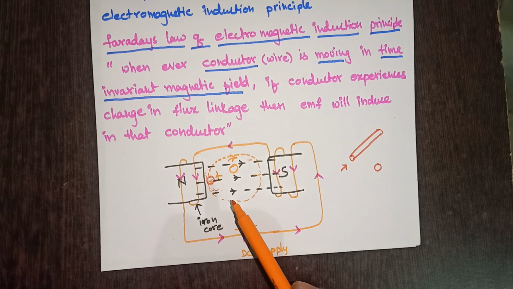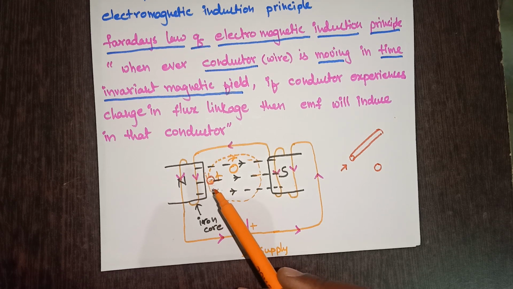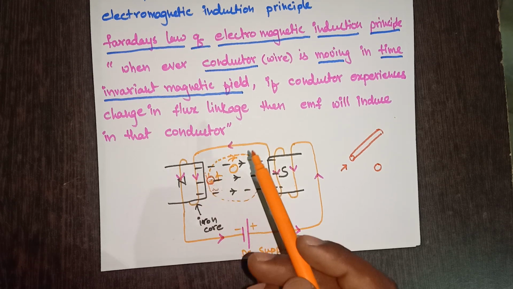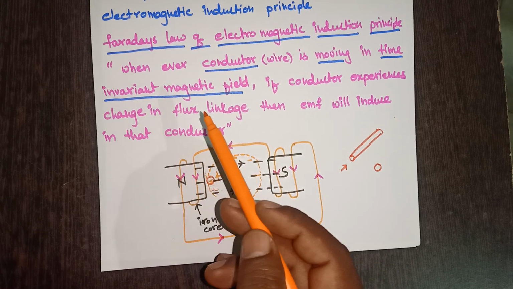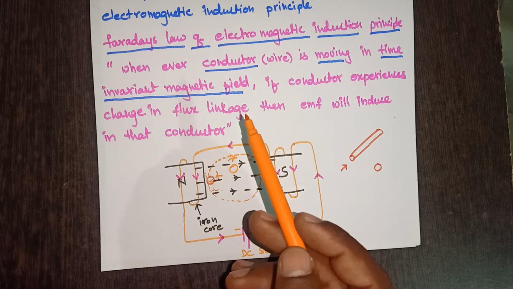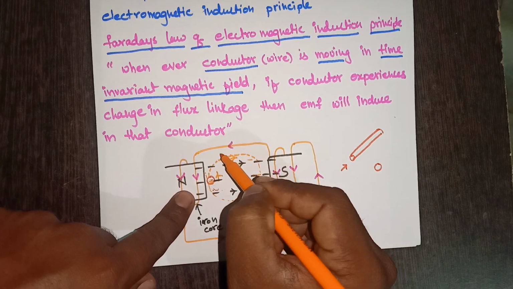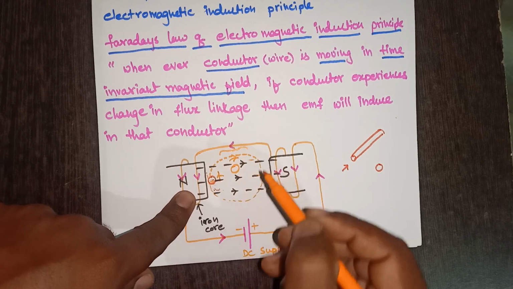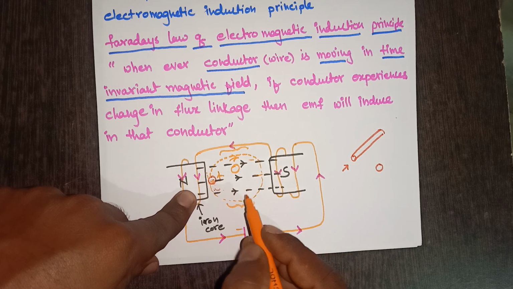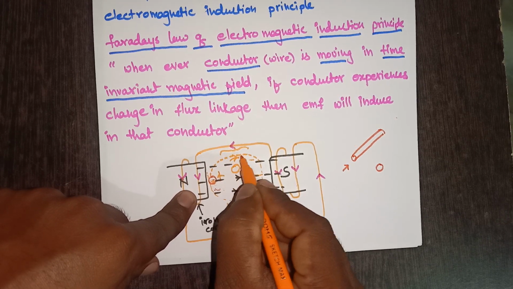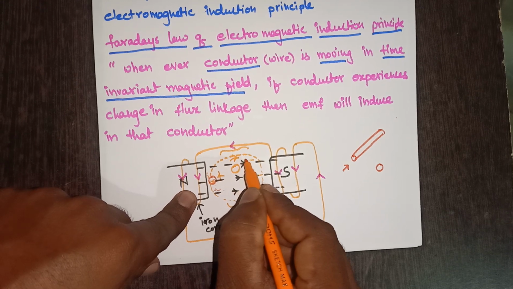While moving the conductor from one place to other place, sometimes the conductor movement may be perpendicular to flux lines, sometimes it may have another angle. During that condition, change in flux linkage will be experienced by the conductor. But in this top region, in this middle region, or in this bottom region, if you observe conductor movement, in the top region the conductor is moving in this way and flux direction is also in the same direction, so both are in parallel.